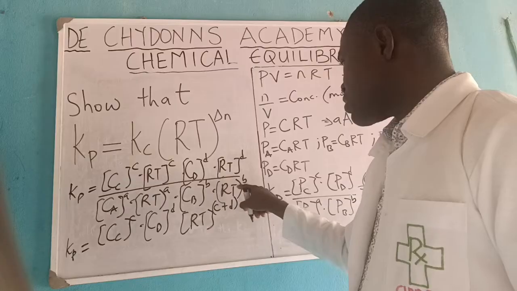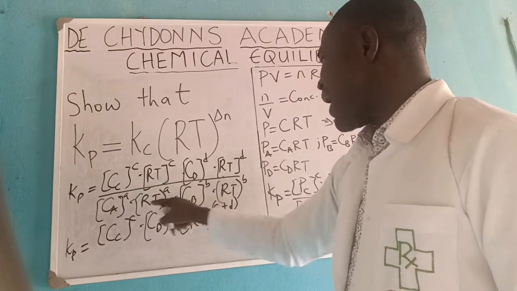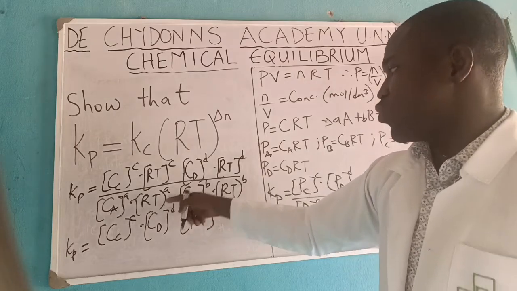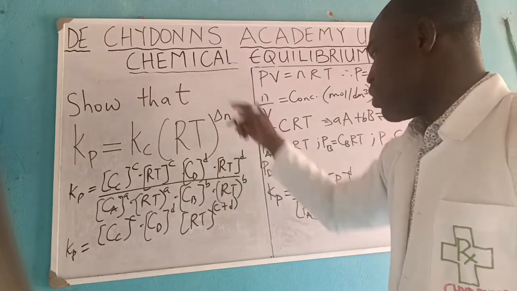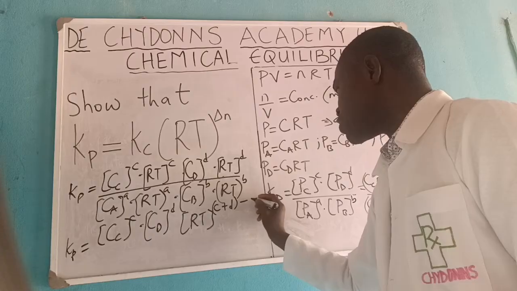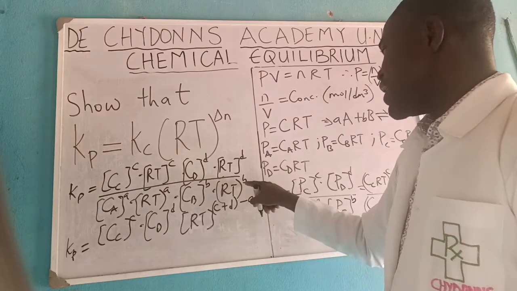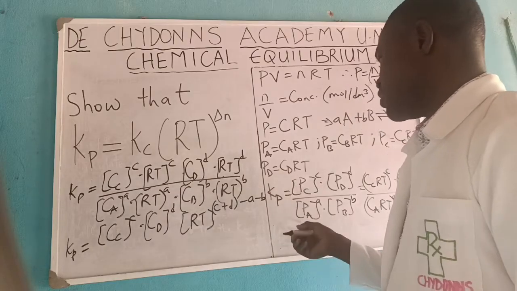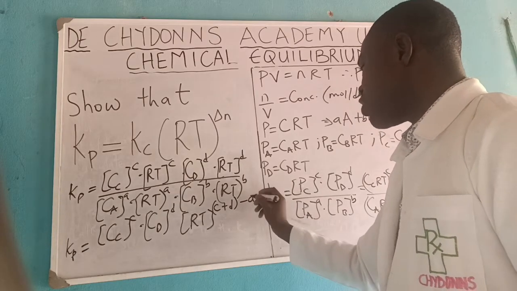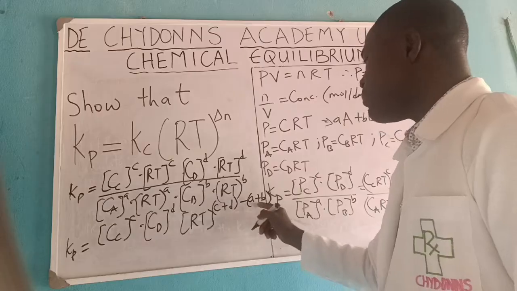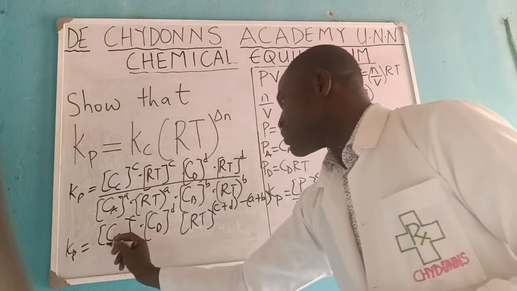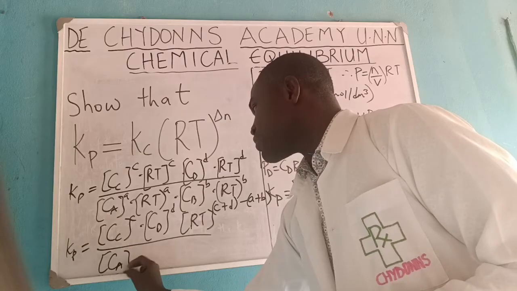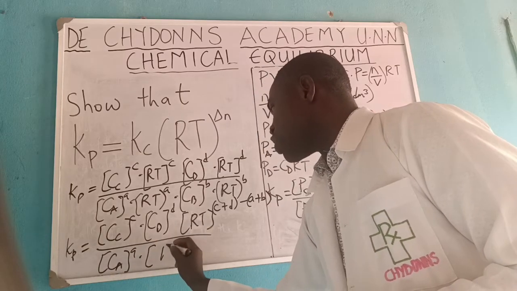Then this one, they have the same RT but different powers, and they are at the bottom. So the a of it will come up, giving you minus a. Then the b of this will come up, giving you minus b. And so when you factorize minus in common, here will be a plus b. Then all over the concentration of A and the concentration of B.